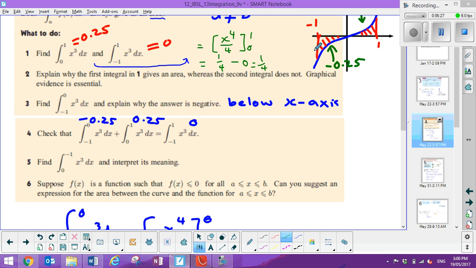This one from -1 to 0 is below the x-axis, and that's when we find that it comes out negative. If we go from -1 to 0, that's this area, plus 0 to 1, that's that area, then we end up with minus 0.25 plus 0.25 equals 0. So you could put all that into your calculator and test that result.